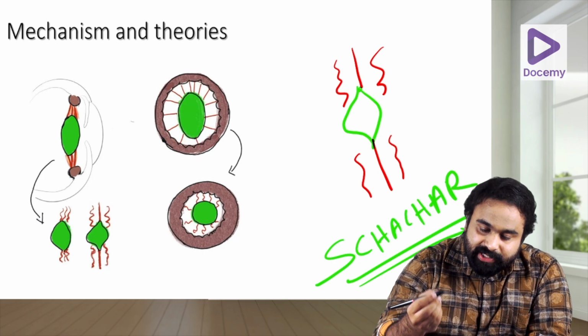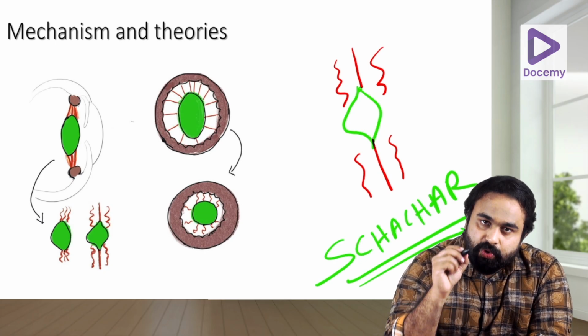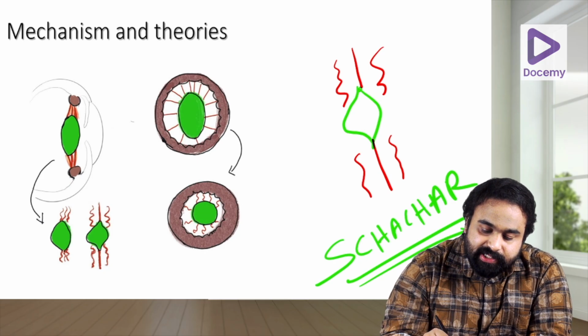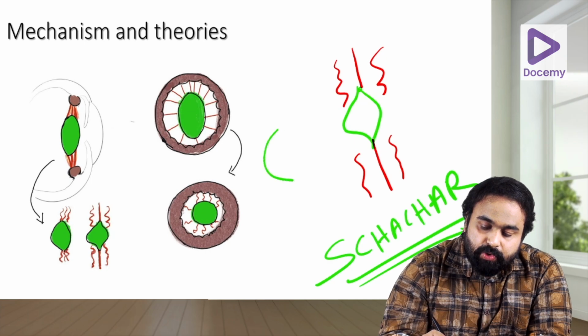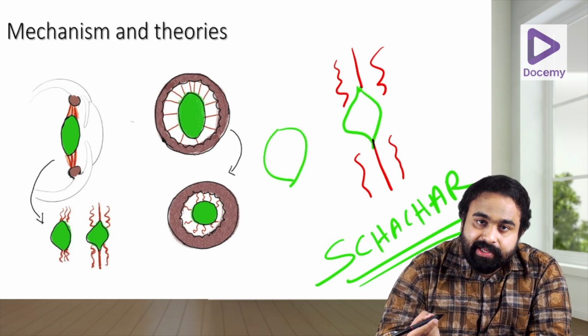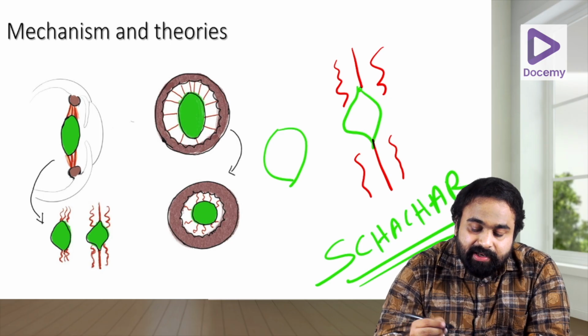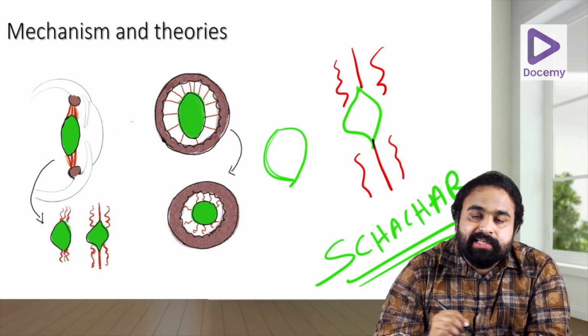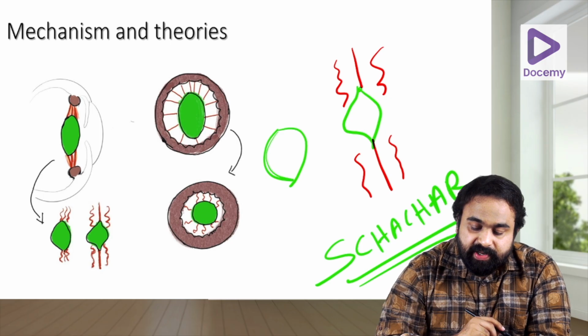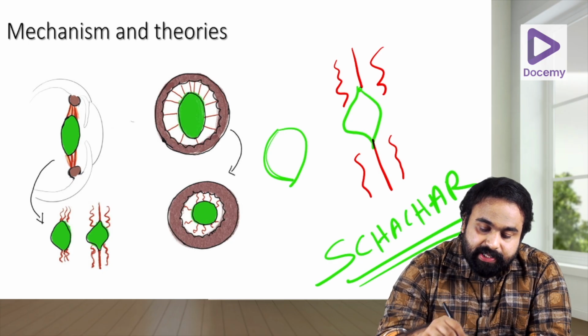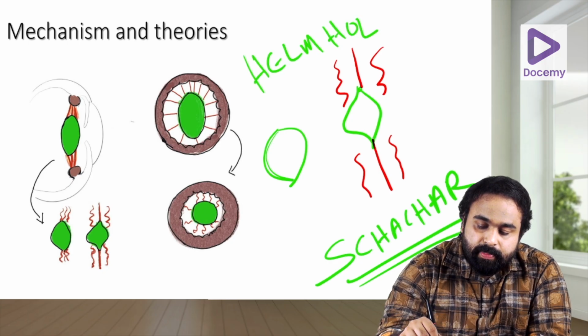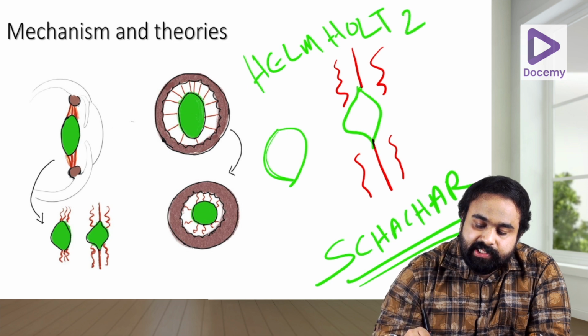Practically, ciliary body is contracting, zonules are relaxing, lens is attaining more globular shape, and by this it is increasing in refractive power. And the main change is occurring at the anterior surface. These things you remember, and the names also. One theory is Helmholtz, other theory is Schachar.